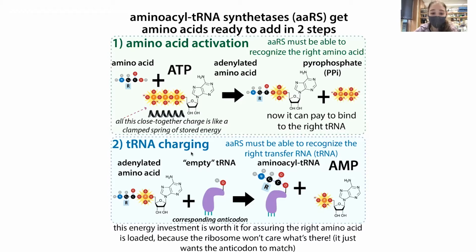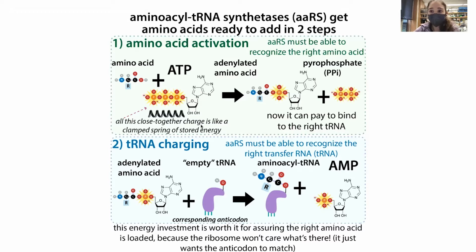So it requires some energy money. So ATP, I think about it as energy money, because you can think of these negatively charged phosphate groups all held close together as being kind of like a clamp spring. So if you were to cut this apart, you'd release energy. And so then this also makes this more reactive in the following steps so that it can be added to the tRNA.